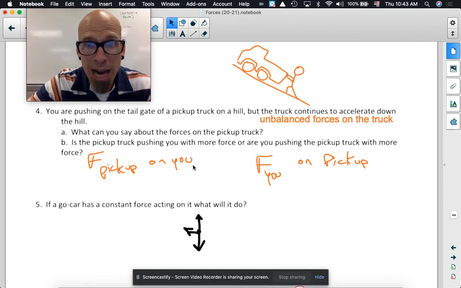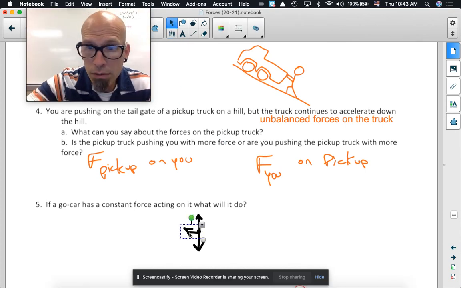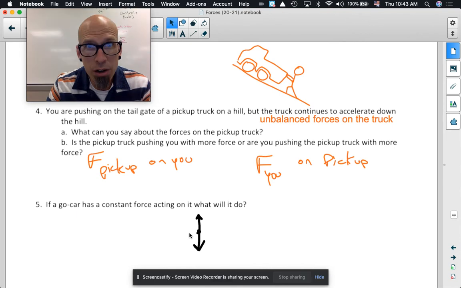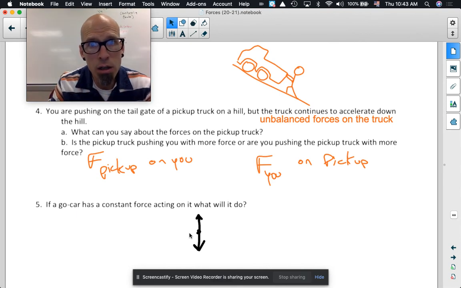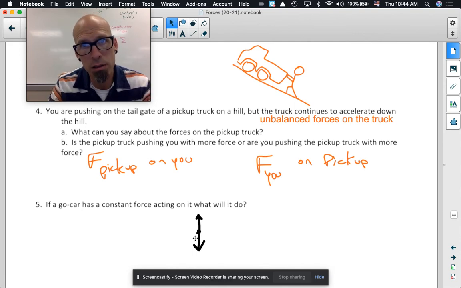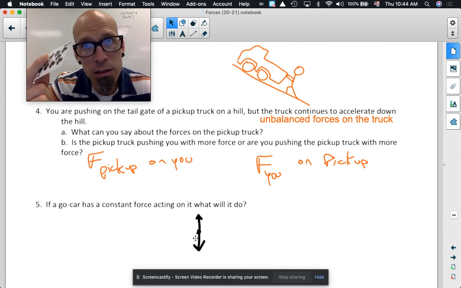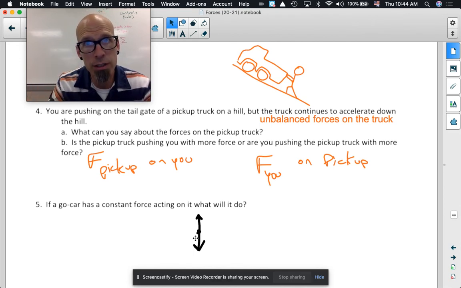Because once I remove the force of the card on the car, what does the diagram now look like? Now it's balanced. Once I remove the imbalance, there's no more unbalanced force. There's no more change in motion. The go-car continues to move with a constant velocity.